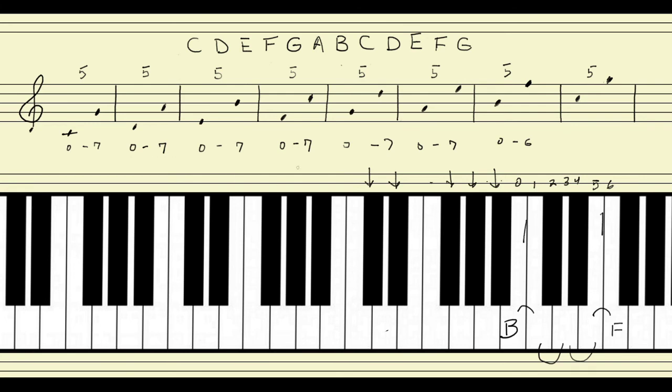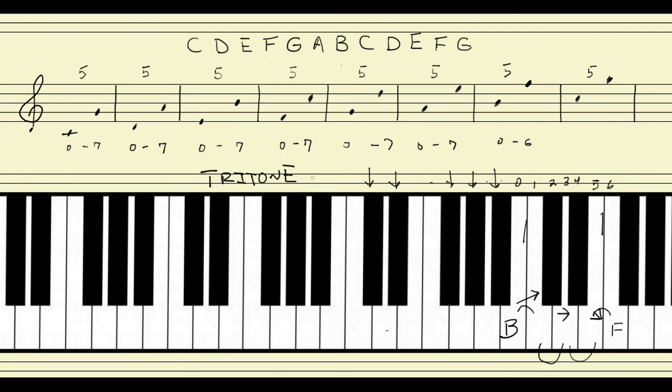This interval of 6 half steps, or the B to F, is sometimes known as a tritone. It's known as a tritone, by the way, because if you count up 3 whole steps, B to C sharp, C sharp to D sharp, and D sharp to F, you get 3 whole tones, or 3 whole steps, which is why it is known as the tritone.